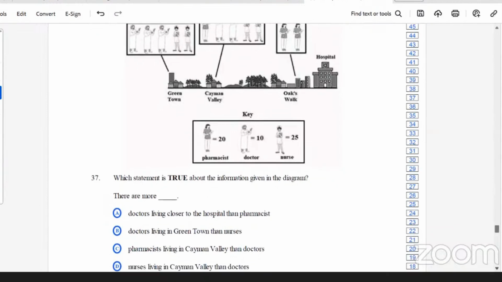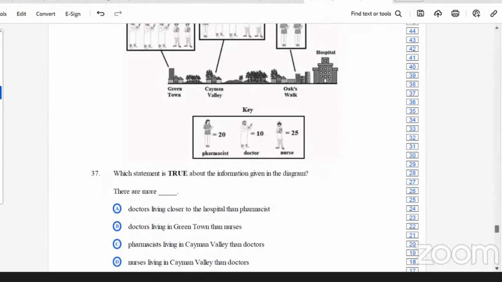All right, is it that there are more doctors living closer to the hospital than pharmacies. Doctors living in Greentown. There are more doctors living in Greentown than nurses. There are more pharmacists living in Cayman Valley than doctors. There are more nurses living in Cayman Valley than doctors.